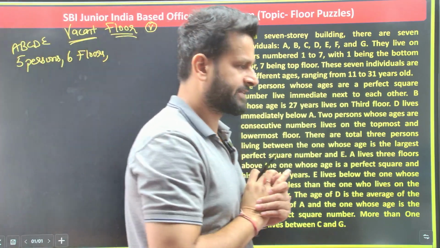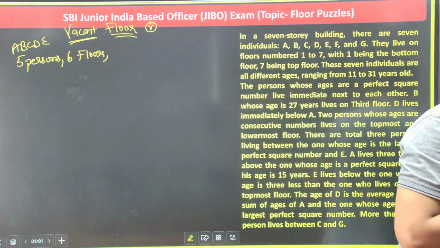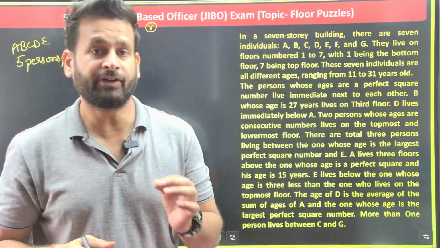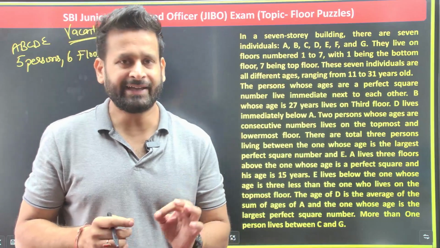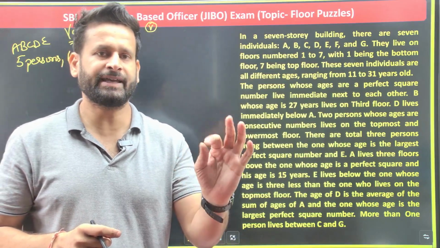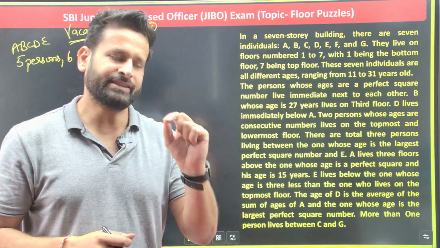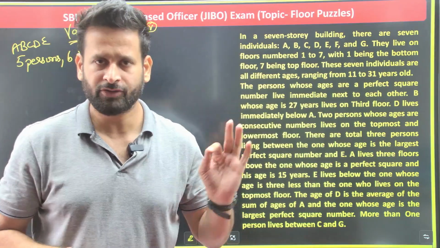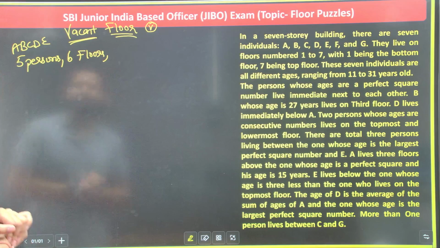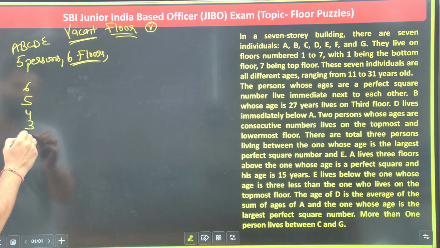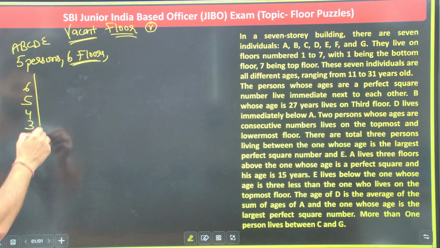Because there are 5 persons and the number of floors is 6, obviously one floor will be vacant. Vacant means there will not be any person living on one of the given floors. Now that vacant floor can be anywhere, no condition is given. So 6 floors: 6, 5, 4, 3, 2 and 1.